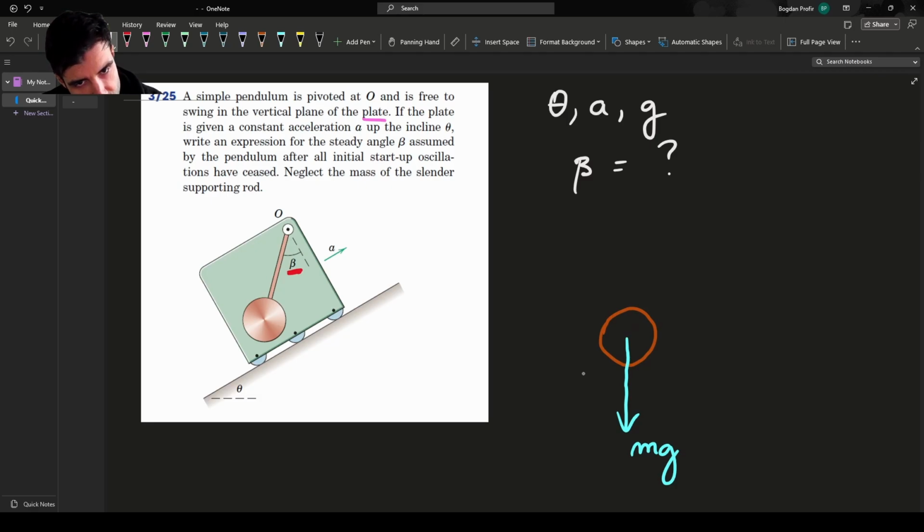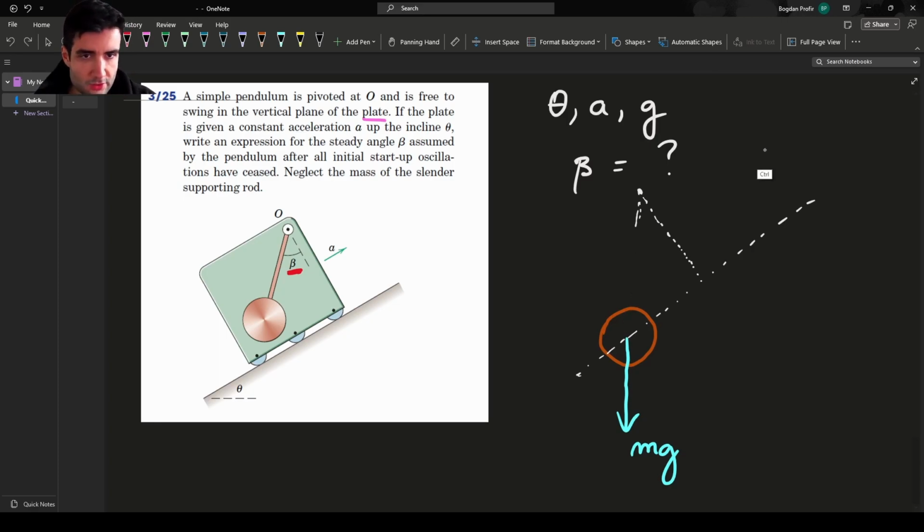So let's imagine this is the direction of the incline, right? And then we have this point, which is where the arm is attached, and then we've got this normal to the incline. And then the tension is going to be along this particular line.